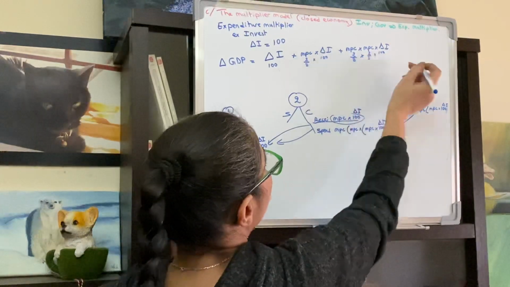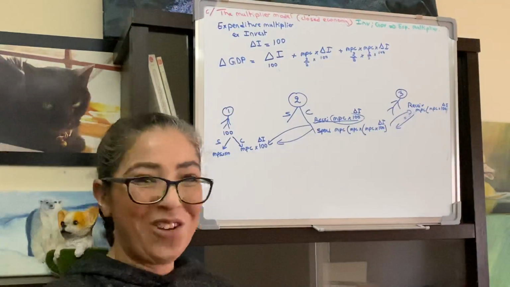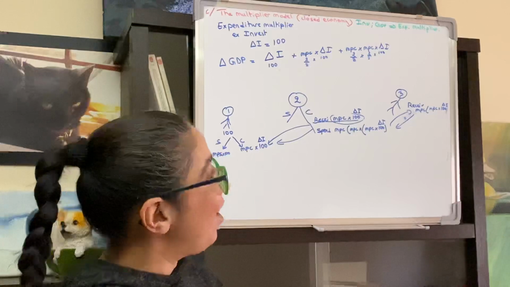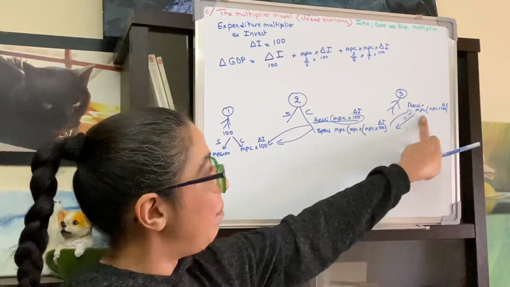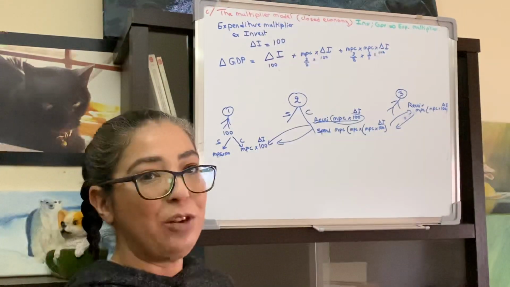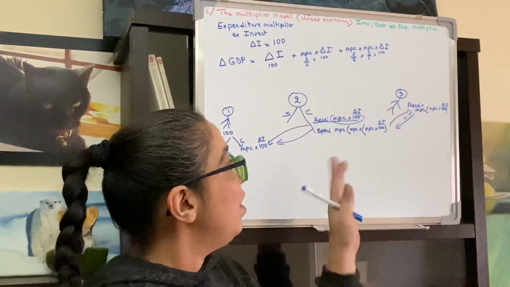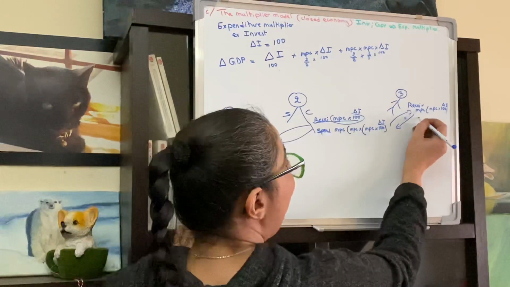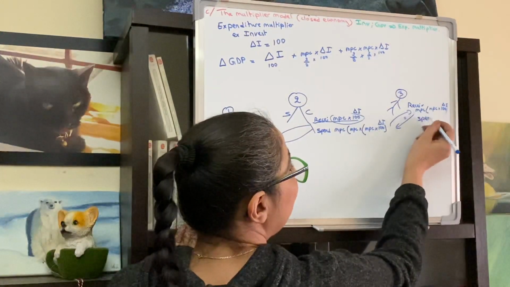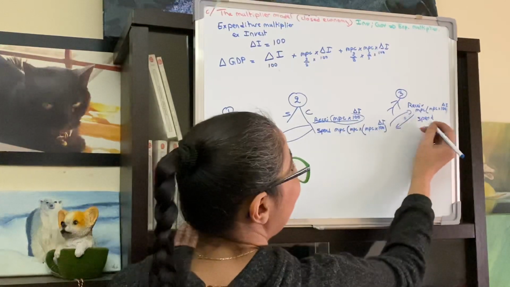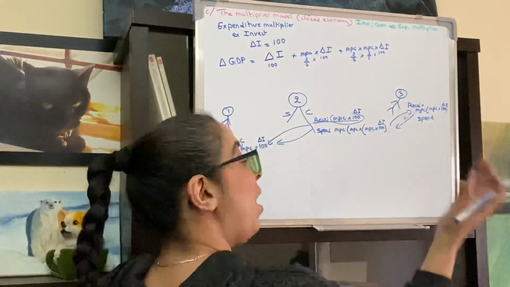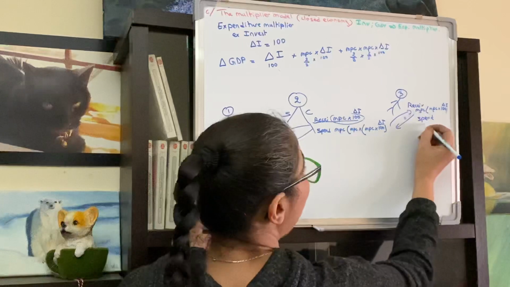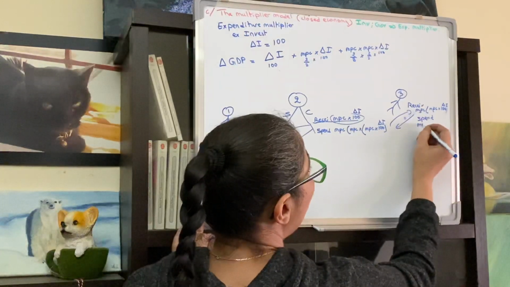Okay? Moving on. This guy received MPC times 100. What is he going to do? He's going to spend MPC of it. So here I have 2 of them. Now I'm going to add another MPC of it. That's the part he's going to consume.